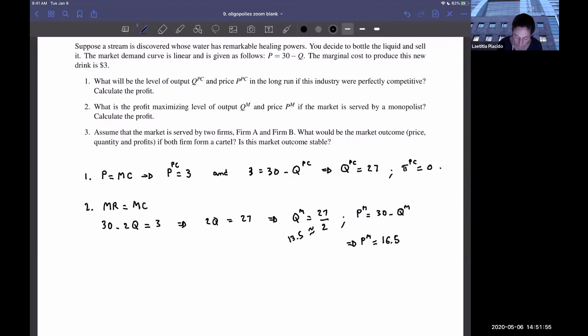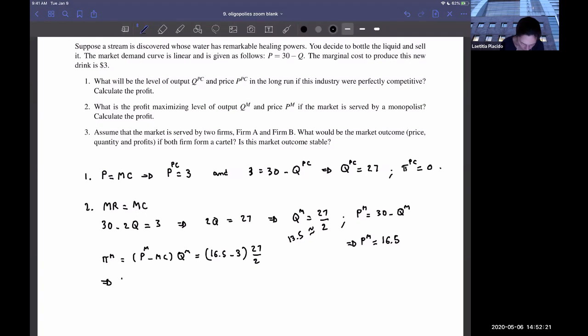Calculate the profit. So what is the profit for the monopolist? So pi M is equal to price minus marginal cost times QM. So price is 16.5 minus marginal cost 3 times 27 over 2.